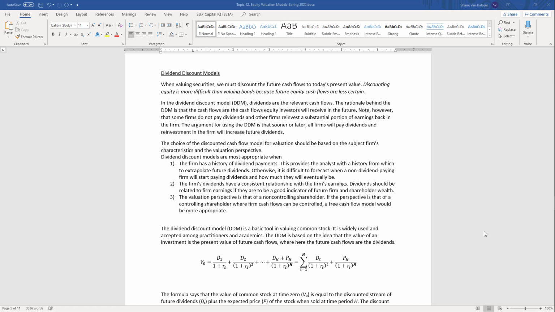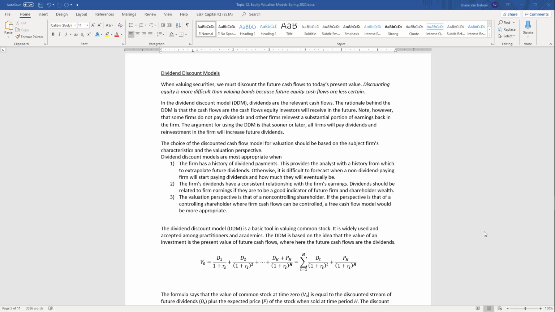So today we're going to talk about cash flows and determining the value of a firm based on the expected future cash flows it's going to generate for its investors, discounted back at the required rates of return. And that's the underlying theme of the next three models we're going to look at: dividend discount models, free cash flow to the firm models, and free cash flow to equity holders models.